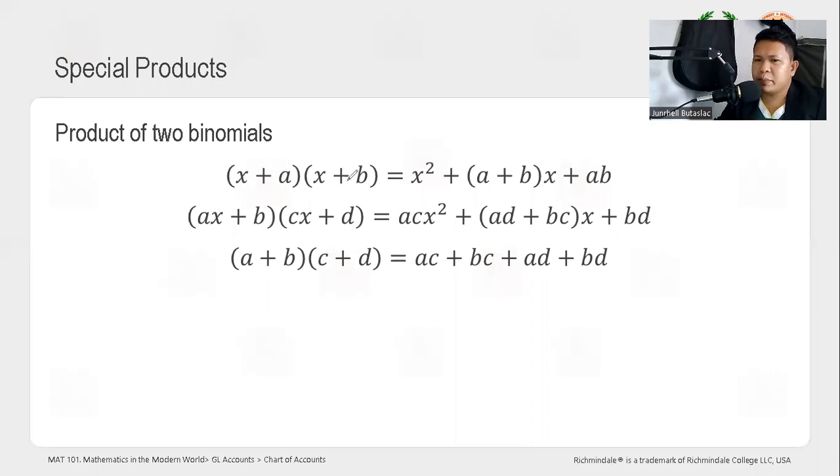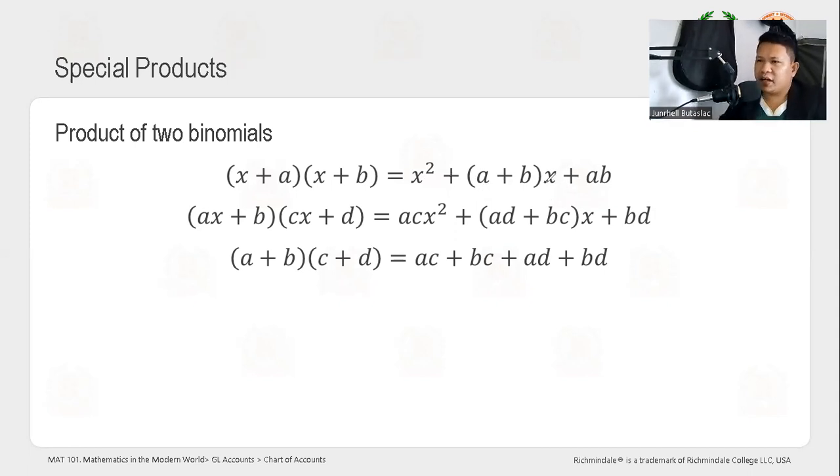So X times X, that's X squared. X times B, that's BX. A times X, that's AX. It's the same thing, AX plus BX.